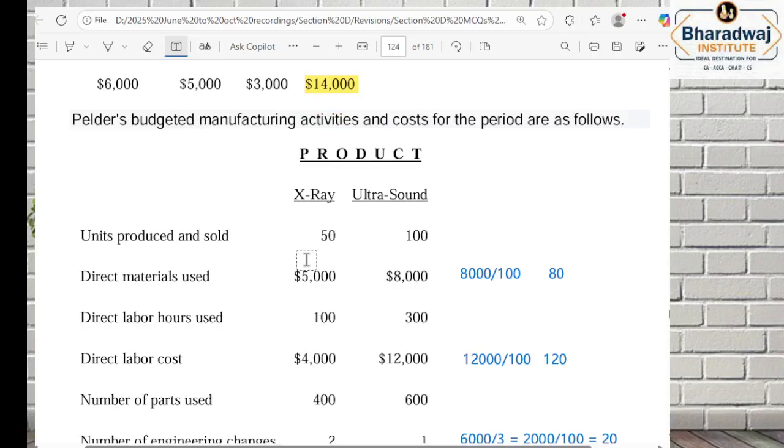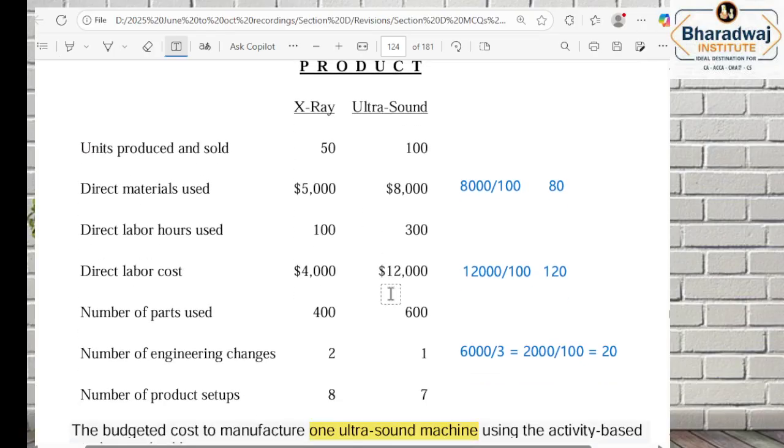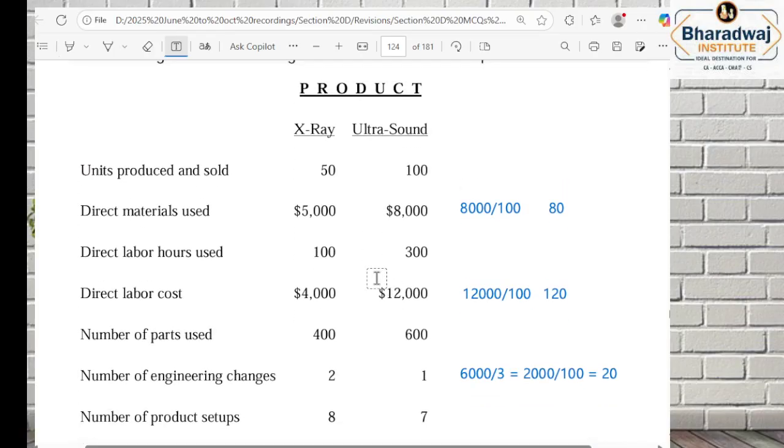Then material handling. Material handling is based on number of parts used.